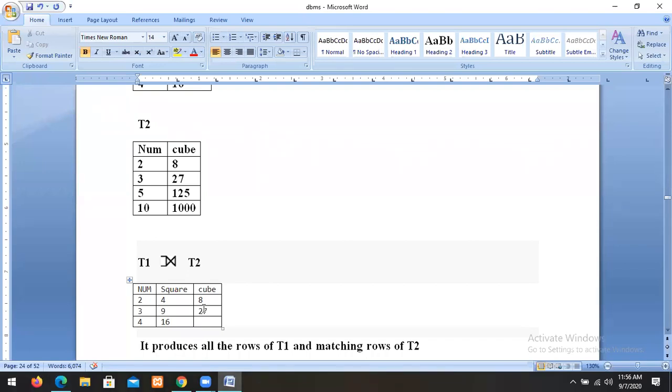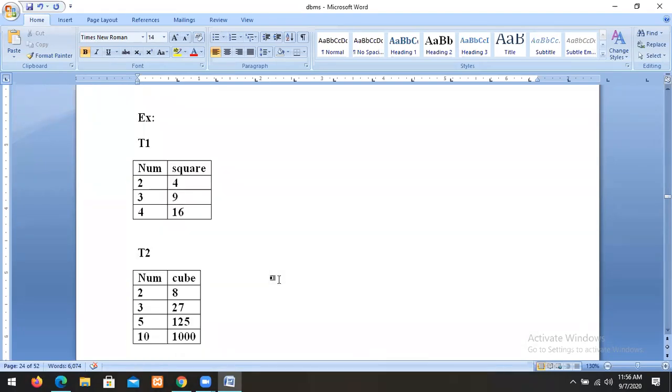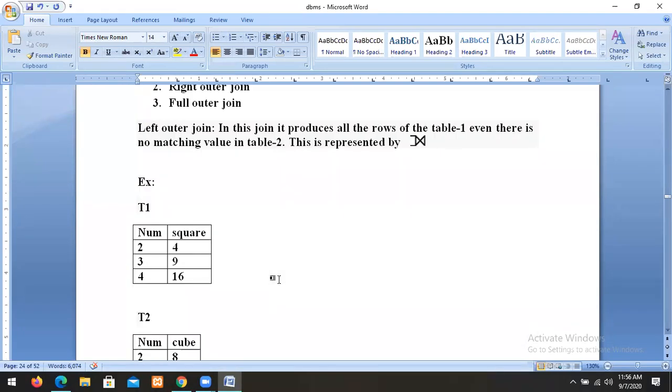There are three outer joins: left outer join, right outer join, and full outer join. What is left outer join? In a left outer join, all the rows of the first table and the matching rows of the second table will be selected, even if there is no matching value in table 2.